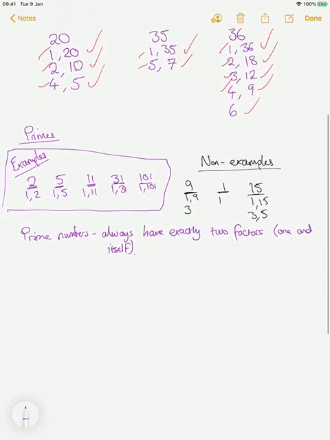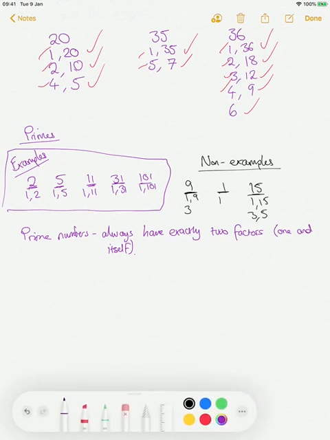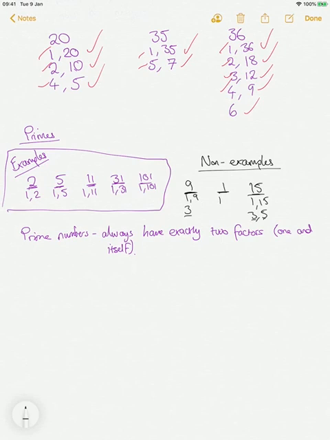They always have exactly two factors, one and itself. Have a look at 2: 1 and itself; 5: 1 and itself, and so on and so on. Notice that these aren't prime because we've got more than two factors here.